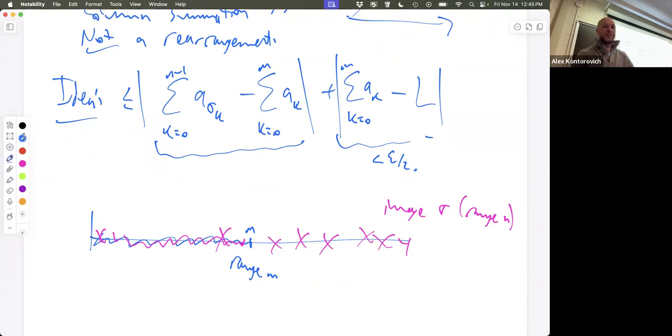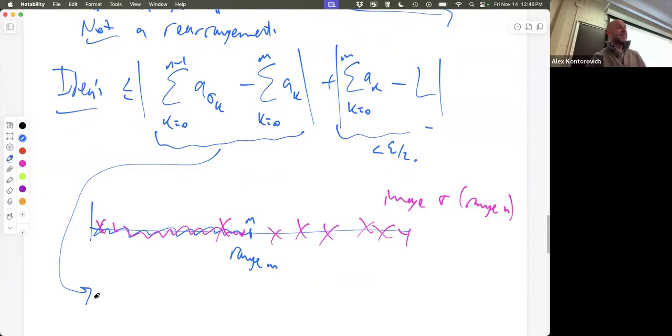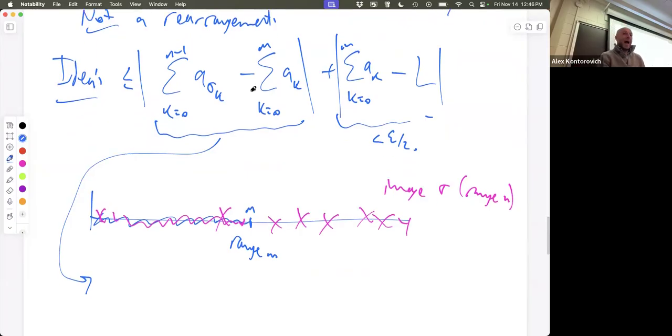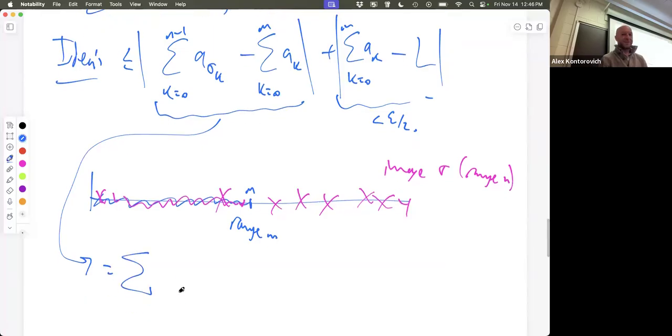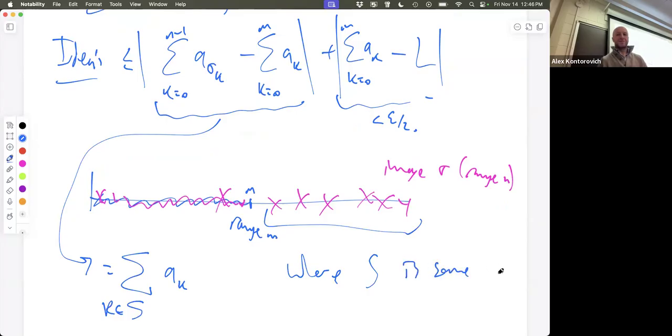So what can we say about this difference? We're adding up some terms. I claim that it's equal to the sum over some set S, k in S, of a k, where S is some finite set.